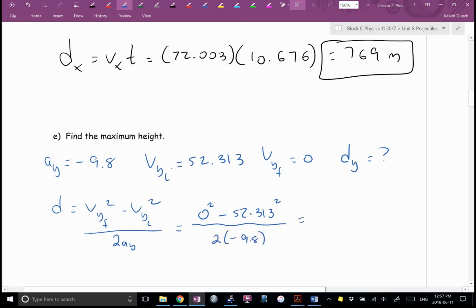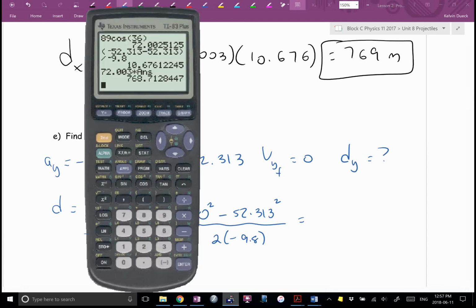The other thing is this is a nice review of some of our kinematics stuff. Zero squared minus 52.313 squared divided by 2 times negative 9.8. Do you get 140? If I go to 3 sig figs, 139.6, I'll go 140.